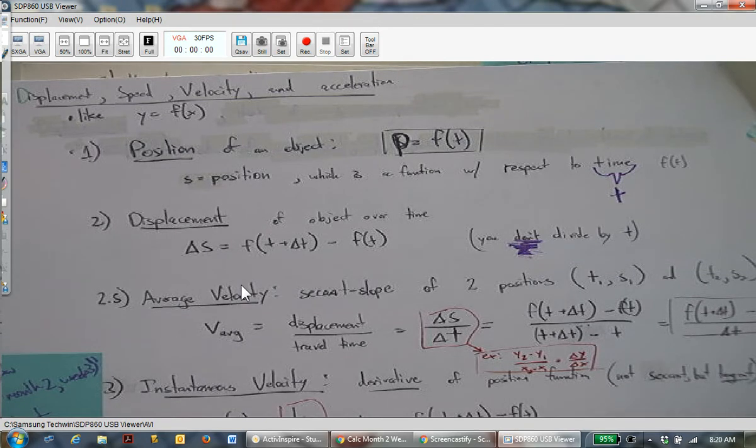Displacement. Without looking, or you can look at this, can anybody tell me the difference between displacement and position? What do you think is the difference? Change. What do you mean? The change, like from A to B, how far did it move? As opposed to what? How would you describe position?